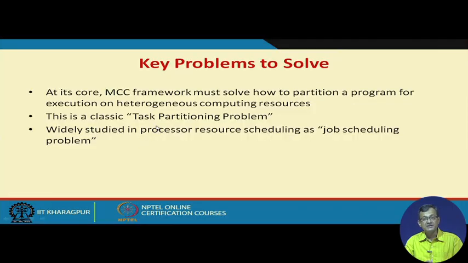So, it is a heterogeneous environment, and how things need to be done needs to be looked into. It is a task partitioning problem, as we have seen in computer architecture and organization, widely studied in processor scheduling as a job scheduling problem also, right. We have these sorts of challenges here, so it needs to be looked into from that angle.